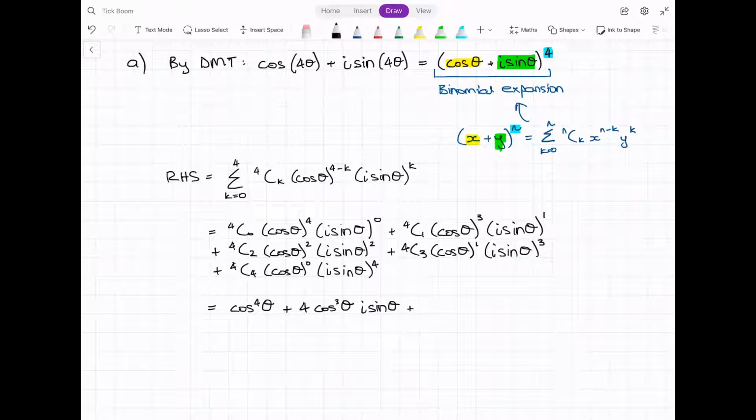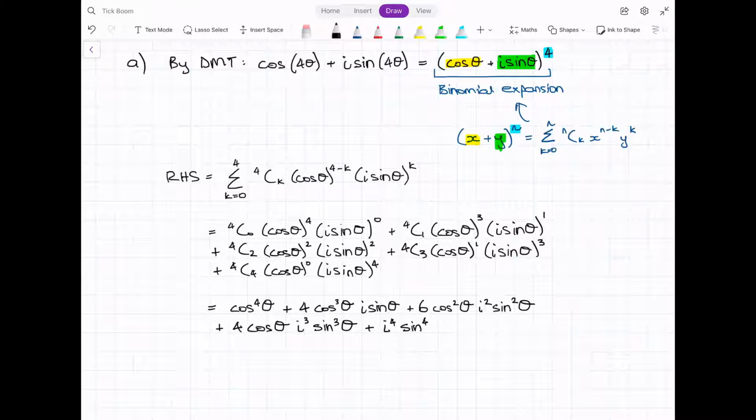And then 4c2 is 6, and then we'll have cos squared theta, i squared sine squared theta. And then we'll add to that 4c3, which will be 4, cosine of theta to the power of 1, and then i cubed sine cubed theta. And 4c4 is also 1, cos theta to 0 is 1, and then we get i to the 4 sine to the 4 theta.